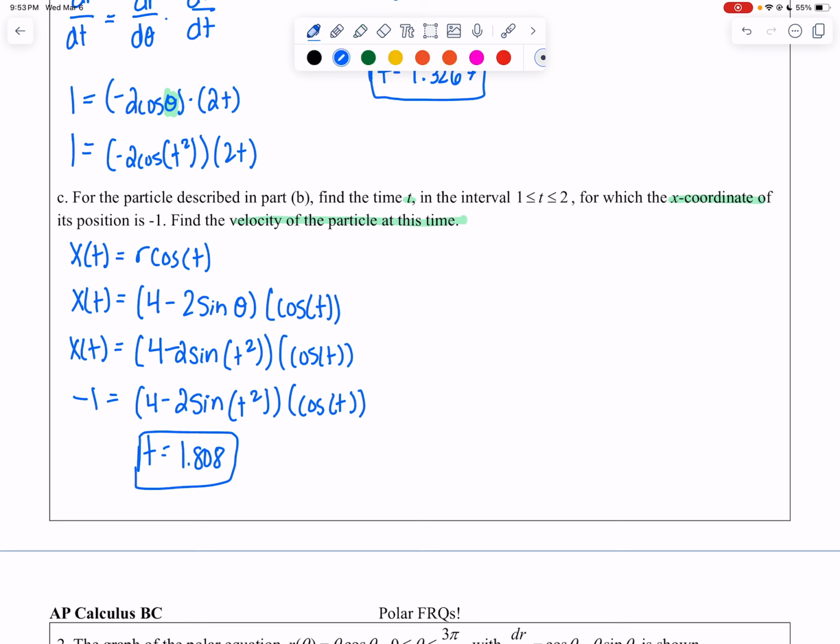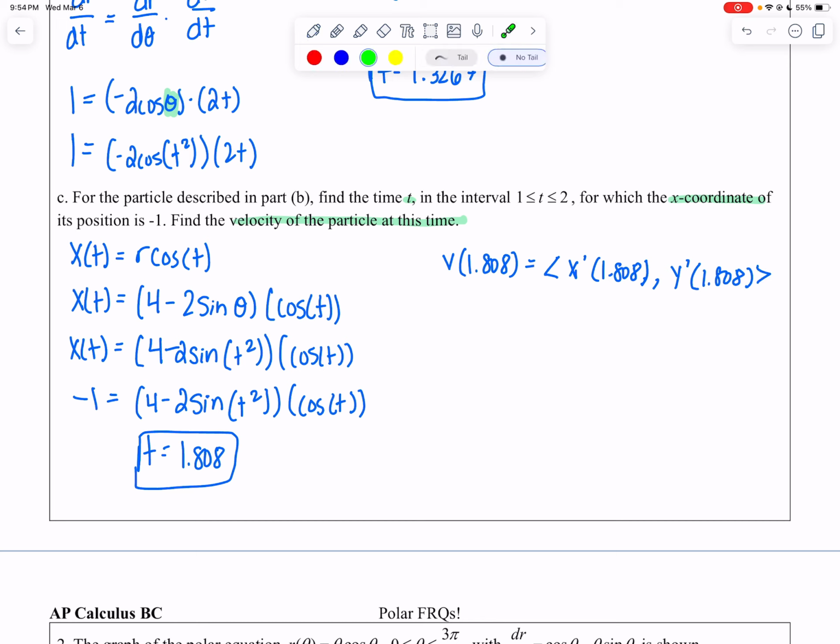So we are going to take the derivative of x of t, and we are going to take the derivative of y of t. So the velocity of 1.808 is going to be equal to x prime of 1.808, y prime of 1.808.